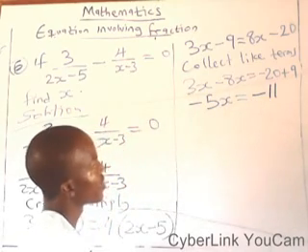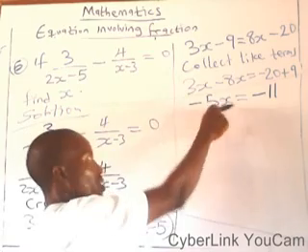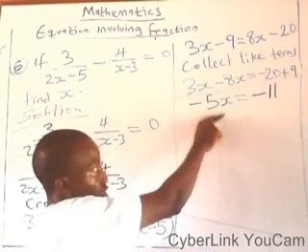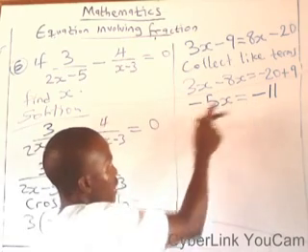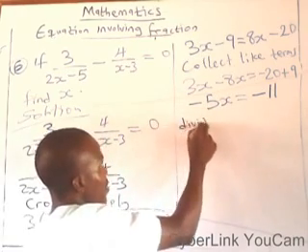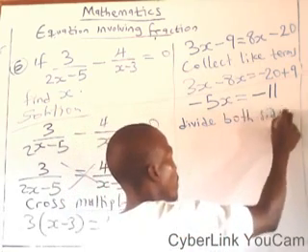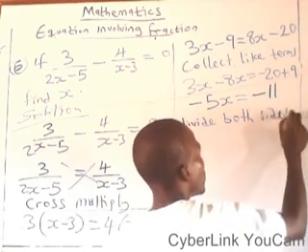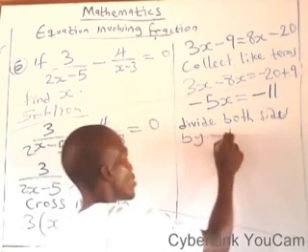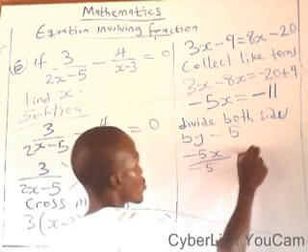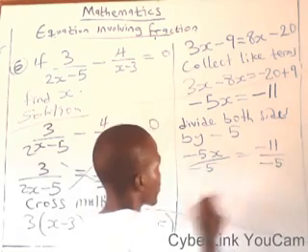The next step is that since we are looking for x, and the coefficient of x here is minus 5, we are going to divide both sides by minus 5. Minus 5x over minus 5 is equal to minus 11 over minus 5.